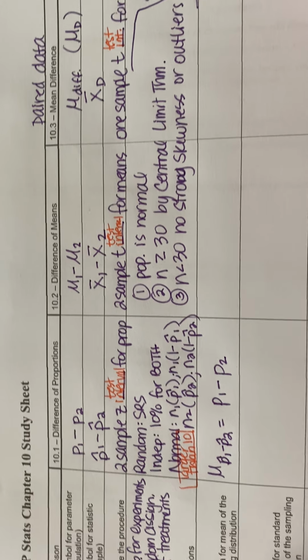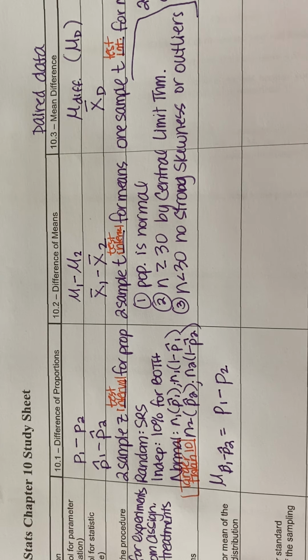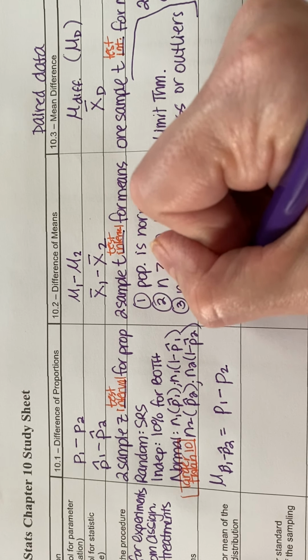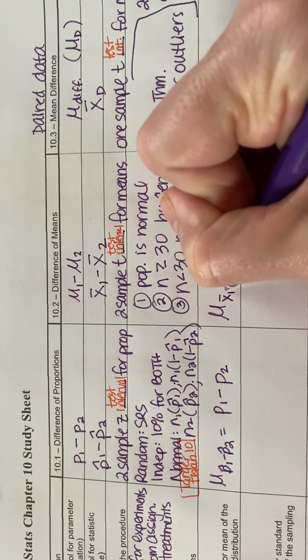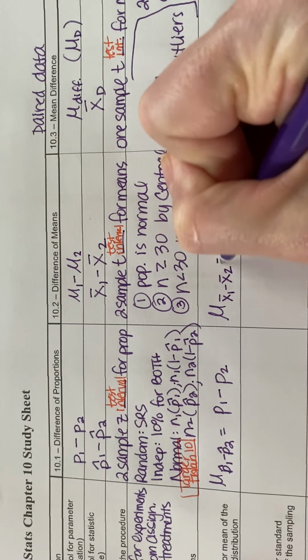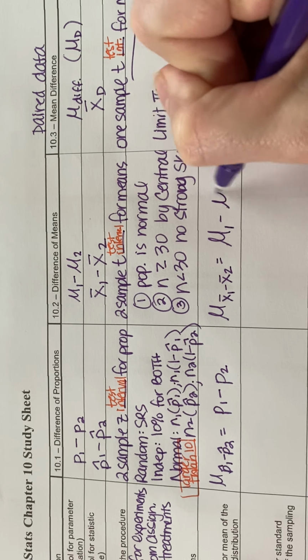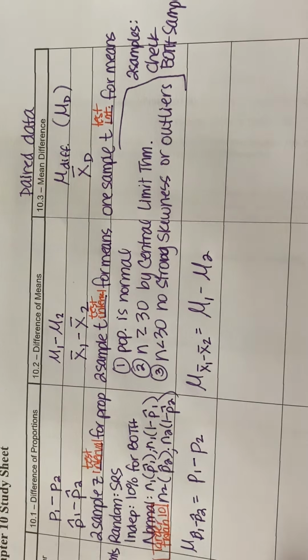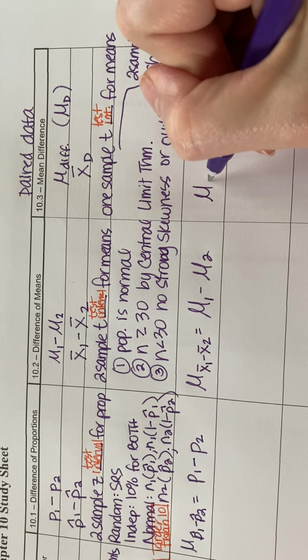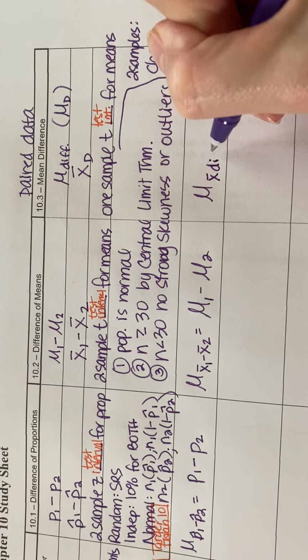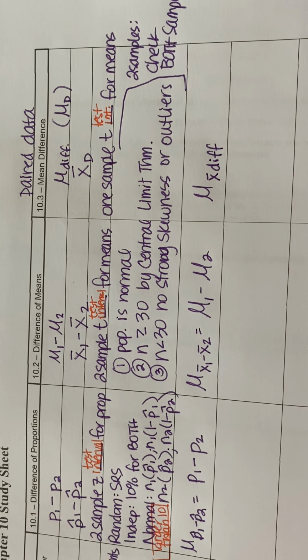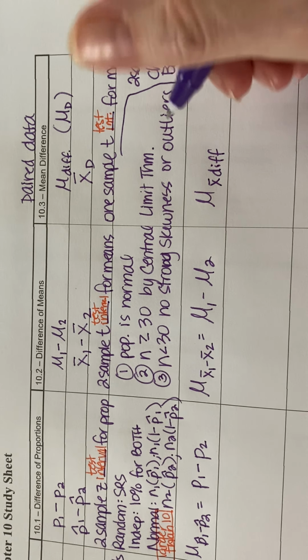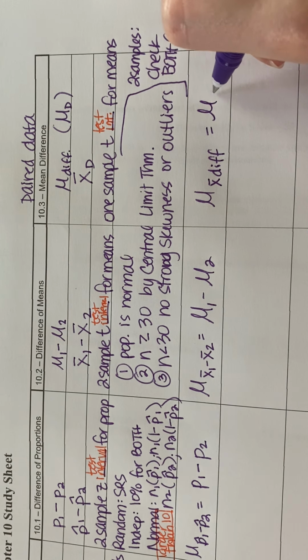For the mean of the sampling distribution for the difference of means, mu of x bar 1 minus x bar 2 is going to be mu 1 minus mu 2. And then the mu for the difference in the sample averages is going to equal the true mean difference.